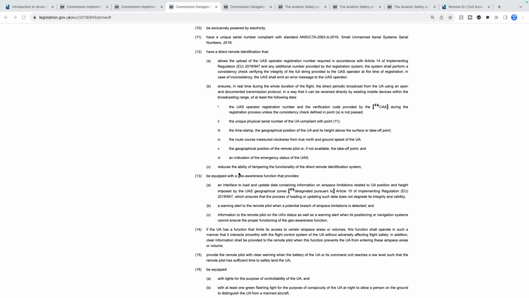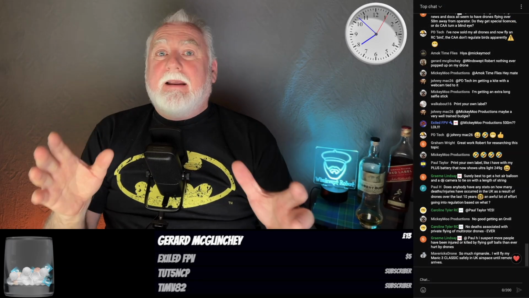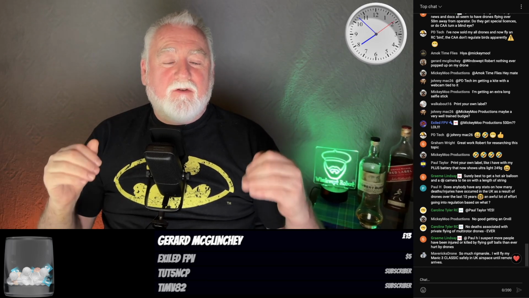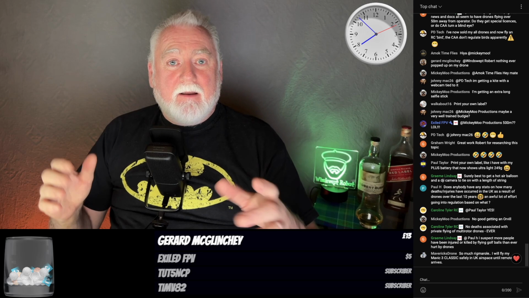And all of these things, this is paragraph 12, are the things that they're bringing in for all drones anyway. All drones in the UK are going to have remote ID. But here's the thing.